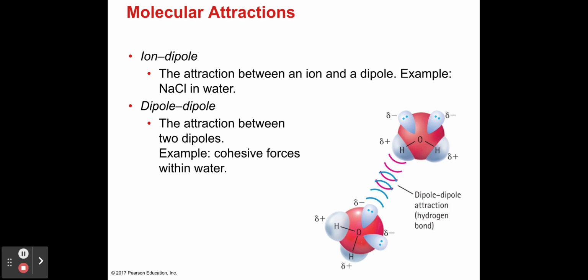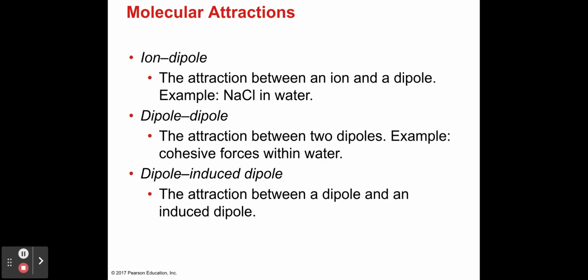Now, the attraction between two dipoles is what we call a dipole-dipole attraction. An example is the cohesive forces within water. So the ability of one water molecule to be attracted by another water molecule, right? So you can have an ion-dipole, which is the attraction between an ion and a dipole, or you can have a dipole-dipole, which is the attraction between two molecules, or you can have an induced dipole.